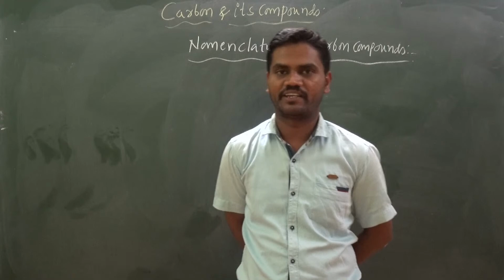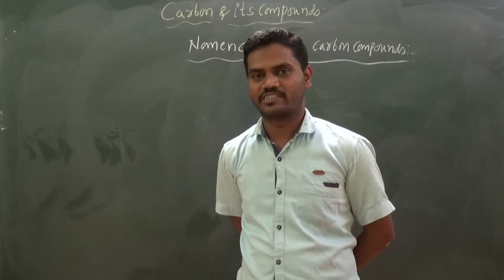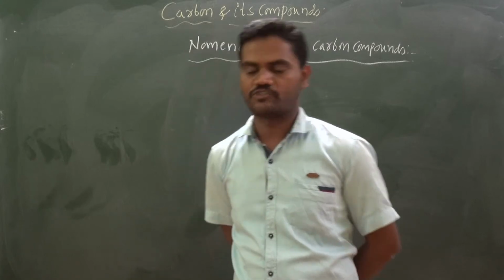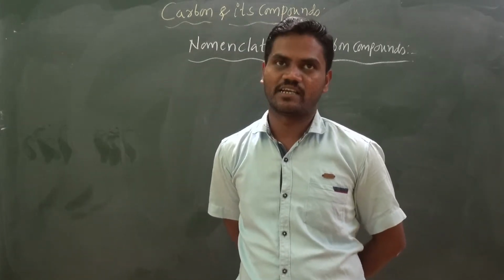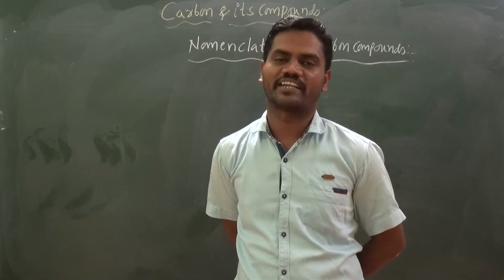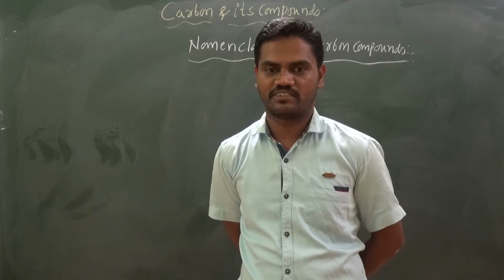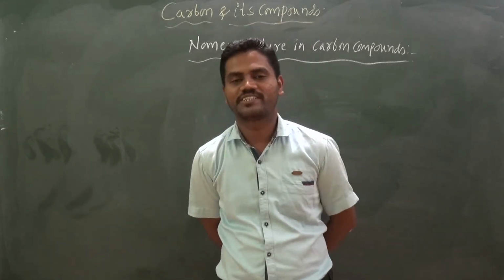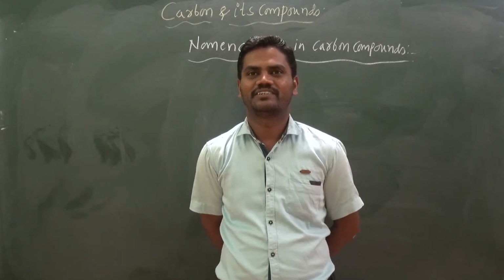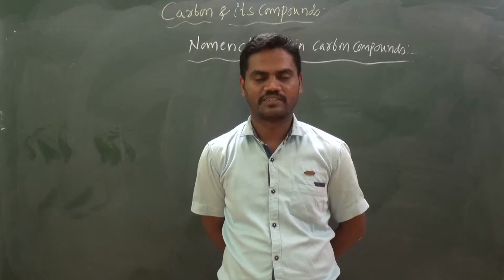Next, first I will say the rules and regulations for the organic compounds here. We should concentrate on the nomenclature of the organic compound. In the exam, definitely they will give one of the organic compounds, and you should name it with the IUPAC nomenclature. Before going to that, I want to say that there are two words: one is the prefix and the other is the suffix.